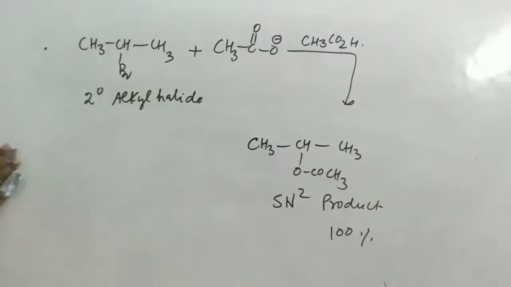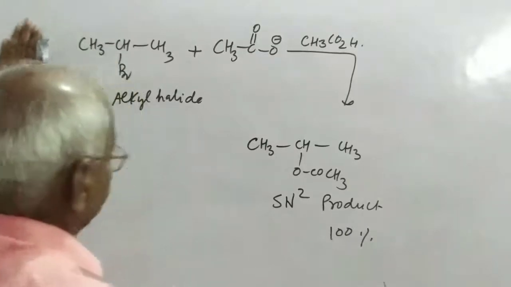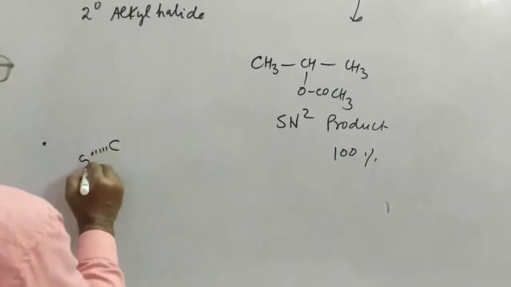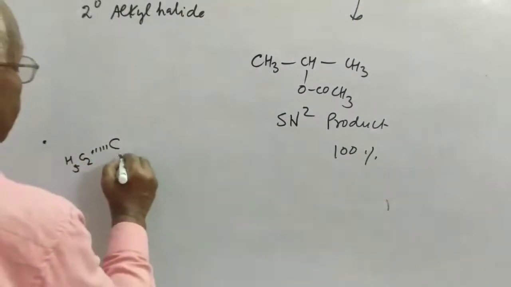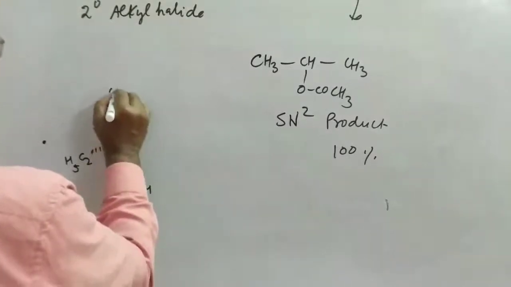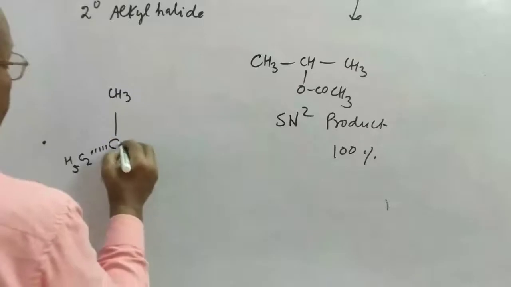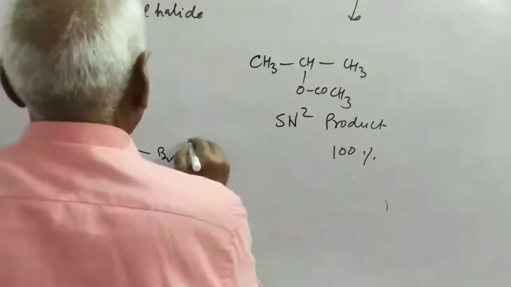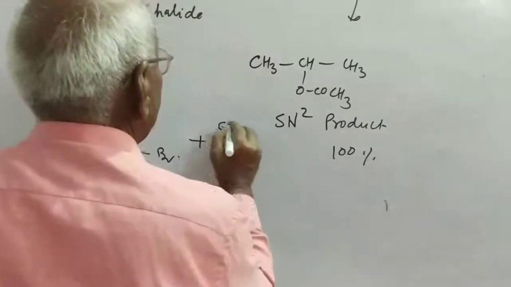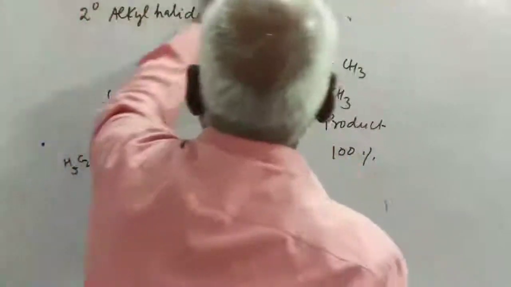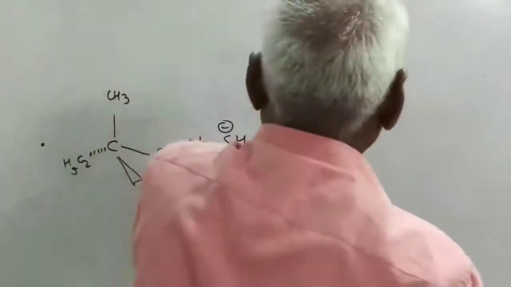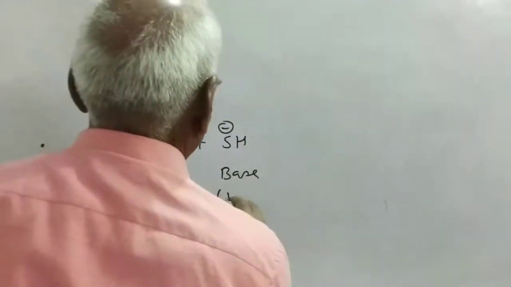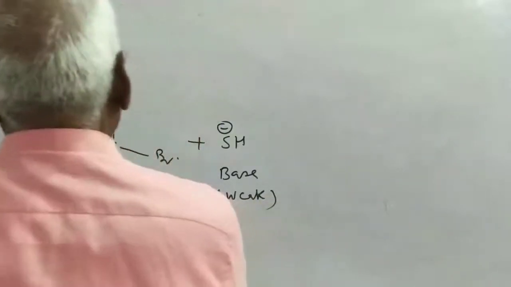One more example. Here is an ethyl group, hydrogen, this is methyl, and here is a halogen atom, say it is bromide ion. It is going to react with the hydrosulfide nucleophile, a weak base. This is the alpha carbon.